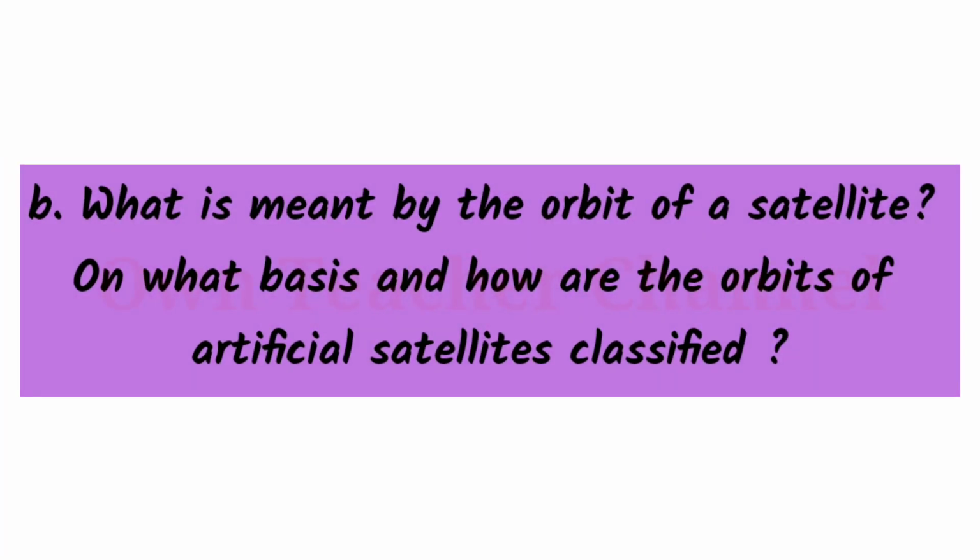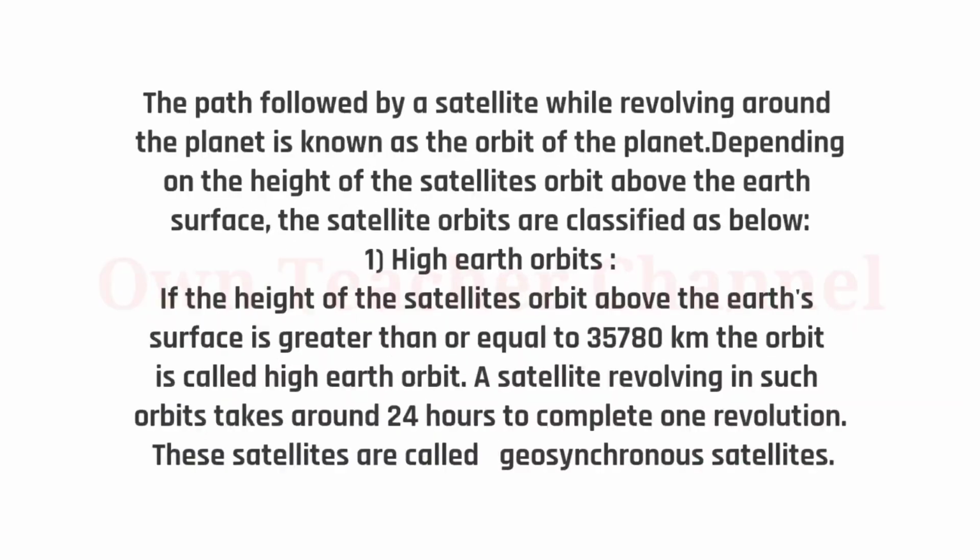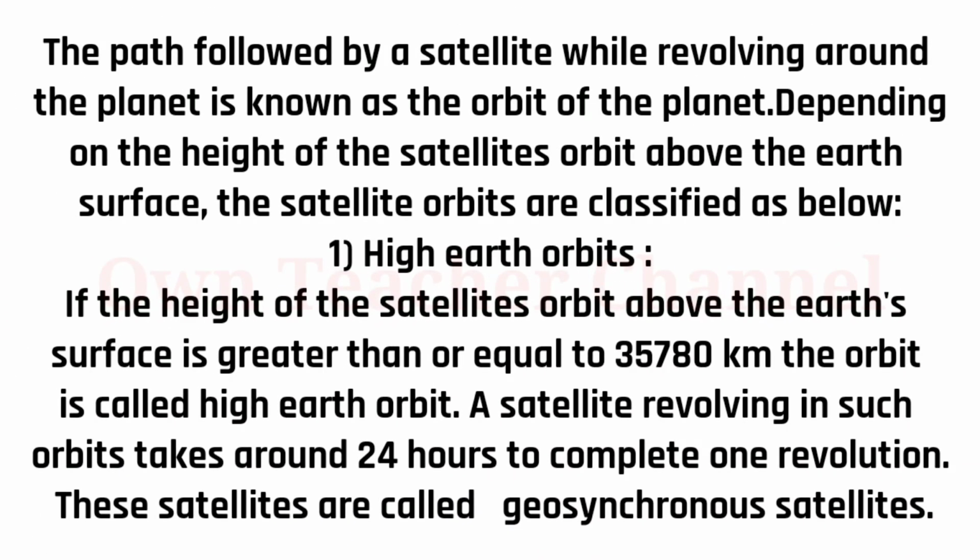What is meant by the orbit of a satellite? On what basis and how are the orbits of artificial satellites classified? The path followed by a satellite while revolving around the planet is known as the orbit of the satellite.